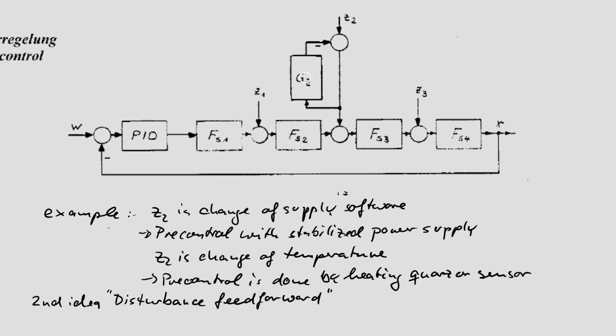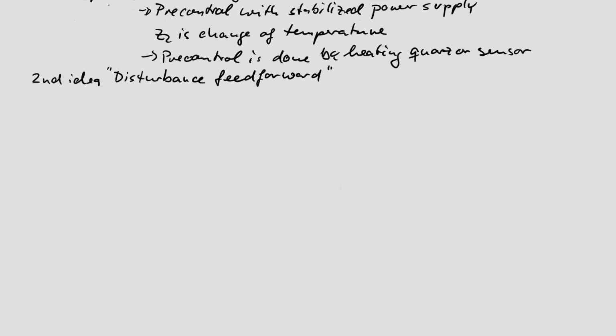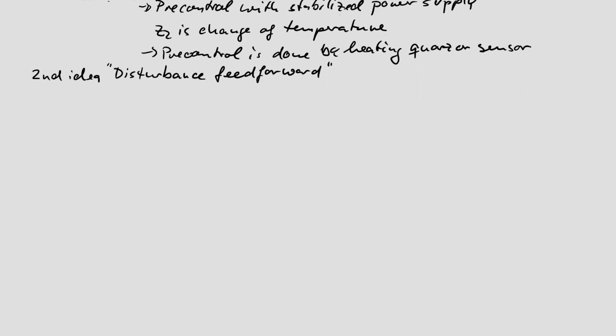Note that in our first idea, you need a summing point, which is nothing else than an actuator, an additional actuator, an additional sensor for the result of your controlling, and an additional controller. The most expensive thing, I think, will be the second actuator. In the second idea of the disturbance feedforward, this is not necessary. You use the original available actuator, which is still in your loop, but you need two additional things.